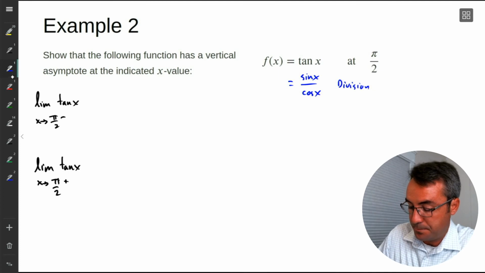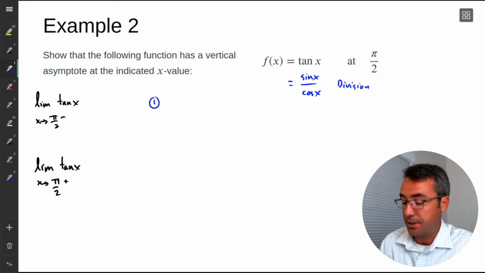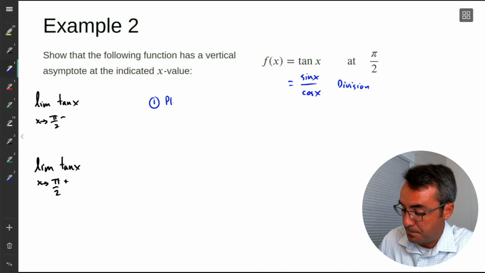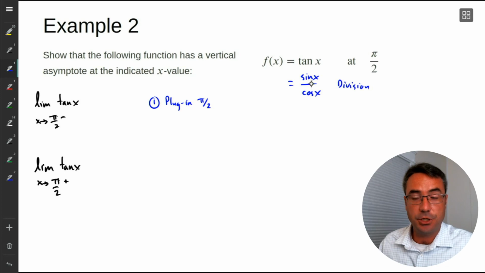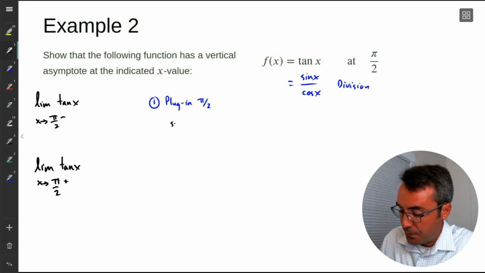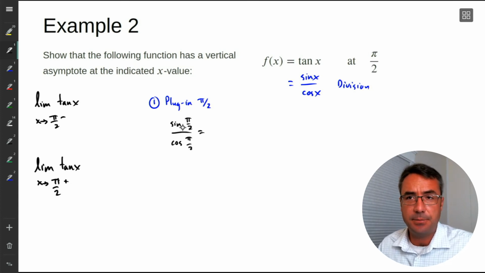So step 1. Let's plug in the number we're approaching. Let's plug in pi over 2, and let's use the sine over cosine version. So when we do that, we get sine of pi over 2 divided by cosine of pi over 2. And these are values we should know. Pi over 2 is one of our main angles that we use when we discuss the trig functions.